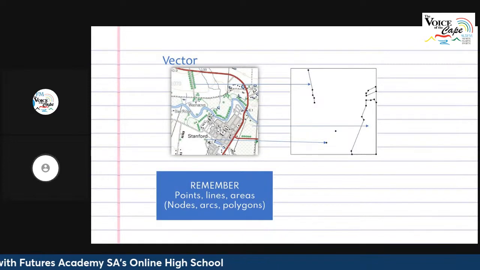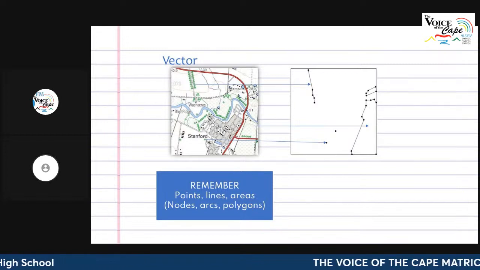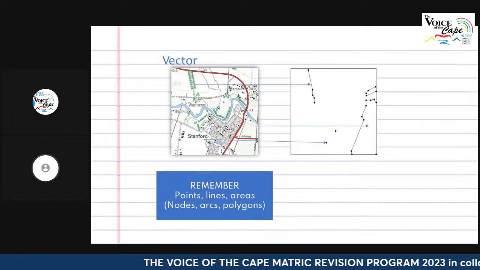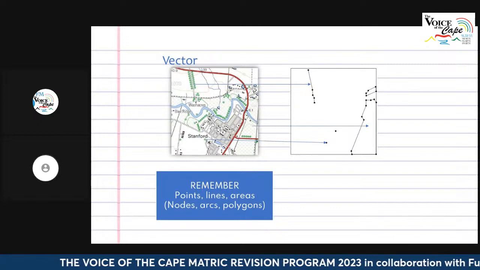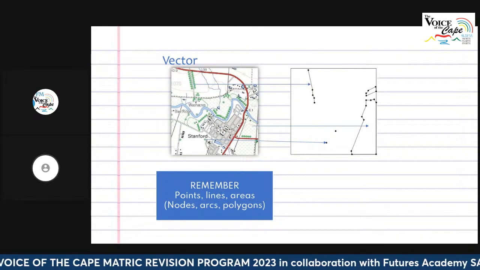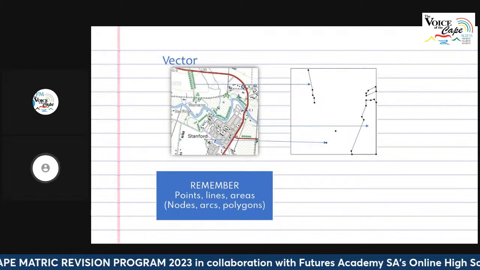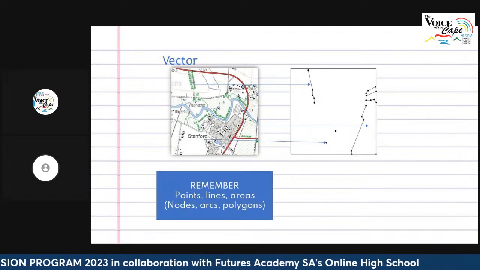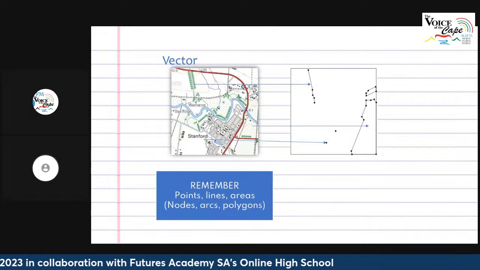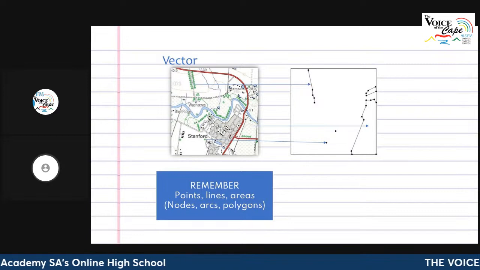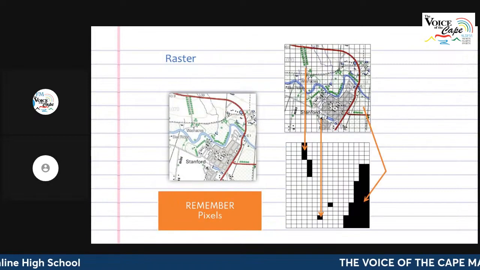You have a police station, a church, a post office, another school, spot heights, benchmarks. There's a lot going on in this particular piece. Areas, again, quite a bit of areas. You could use the dams, for example, the cultivated pieces of land. All those would then be your areas.